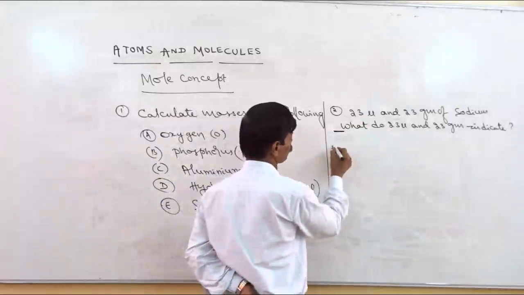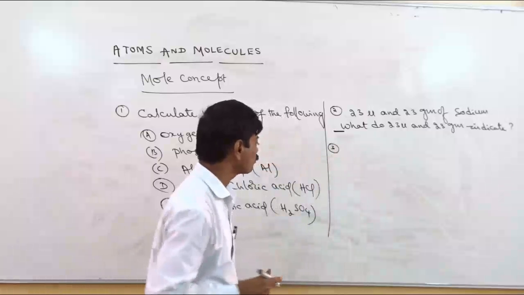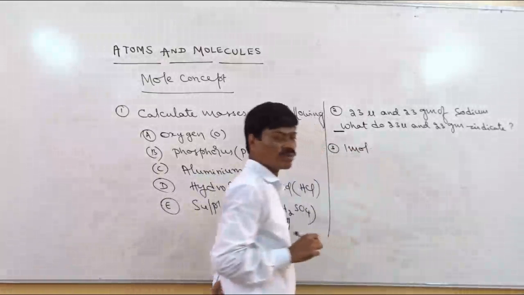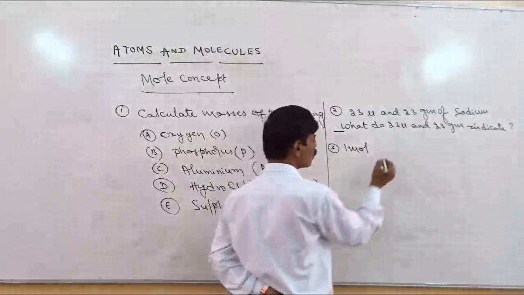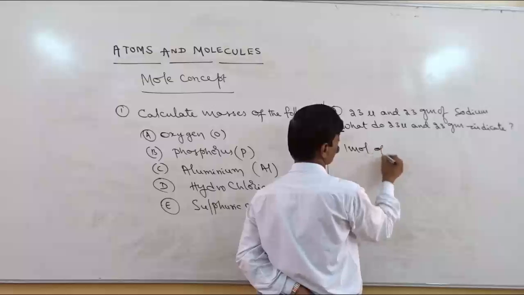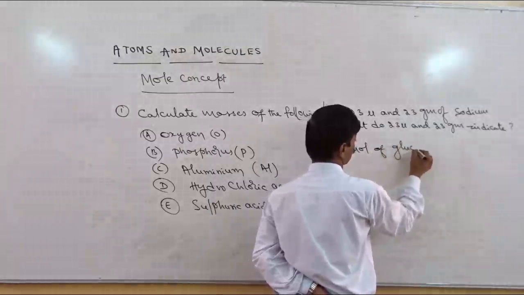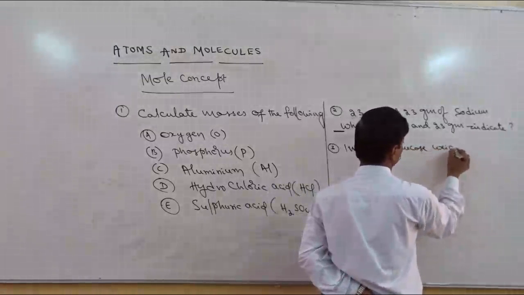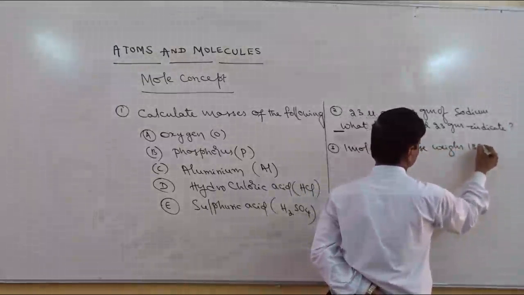Next, 1 mole of glucose. Mole can be abbreviated as mol. 1 mole of glucose weighs 180 grams.